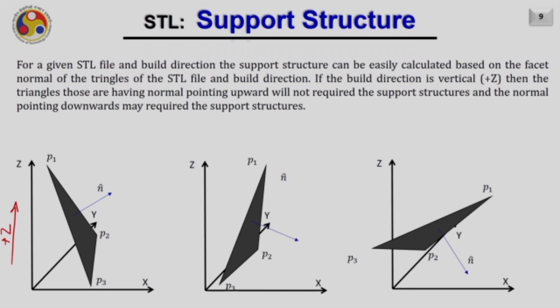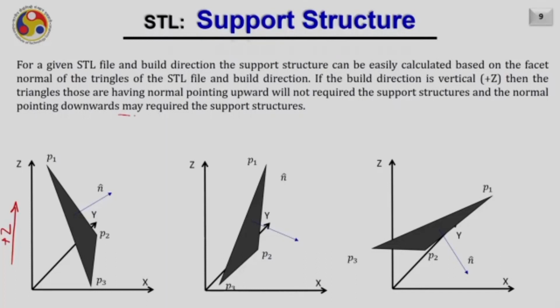Then the triangles having normals pointing upward will not really require the support material, but the triangles having the facet normal downward may require support material. Again I said may require. We will discuss why I am saying that it is not always required.